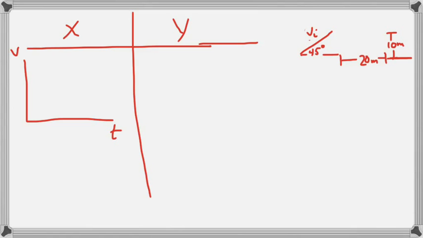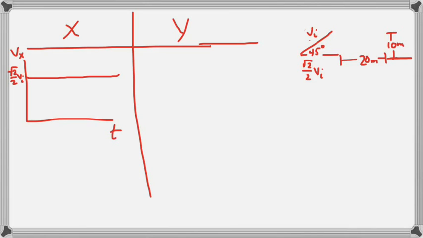And I'm going to go ahead and just remind myself that we split this up into 2 components, and the x component was root 2 over 2 v sub I. Okay, so we would have a horizontal line for the velocity in the x direction, and it is at a constant value of root 2 over 2 v sub I. All right.